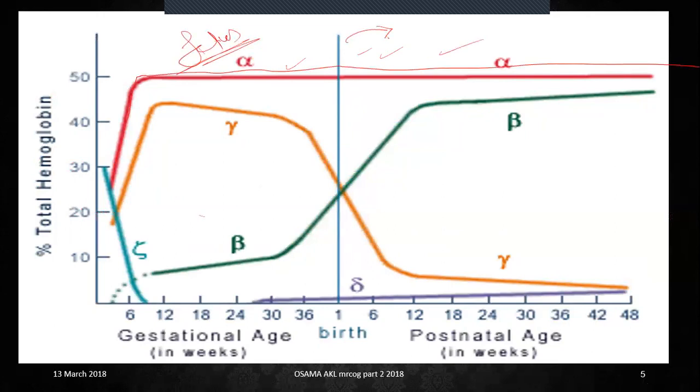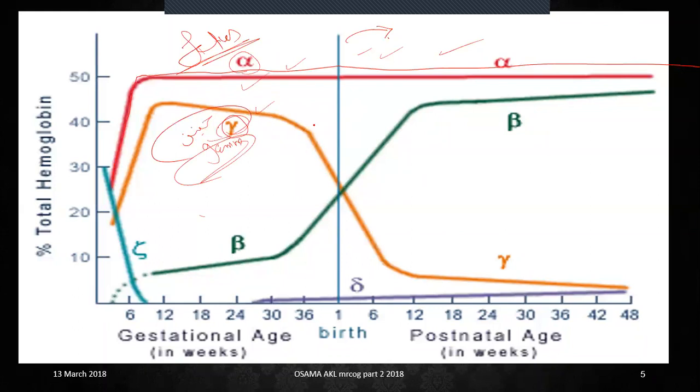There may be partial absence, okay, but complete absence, no. There is no life without alpha subunits. In the fetus, in addition to two alpha subunits, there are two gamma subunits. I memorize it by gamma is present in janin. So the fetus contains two alpha and two gamma.